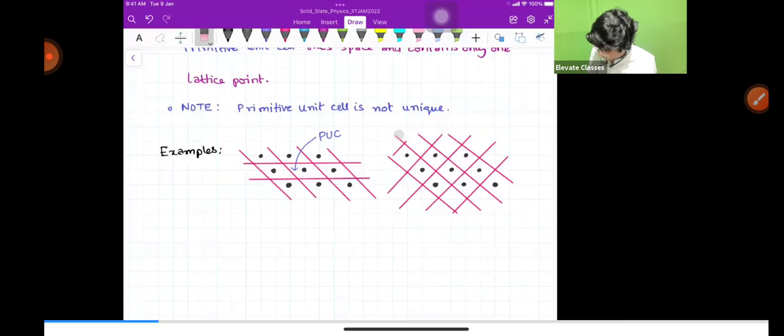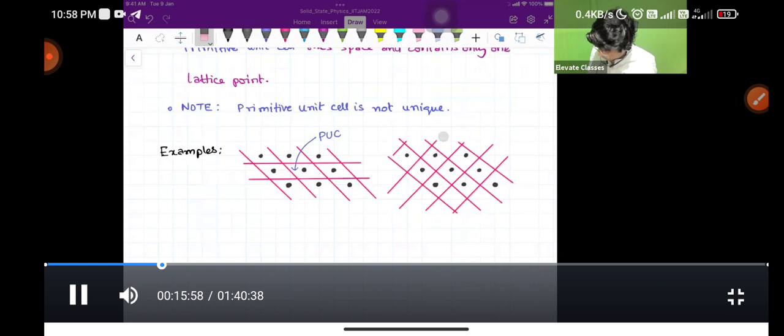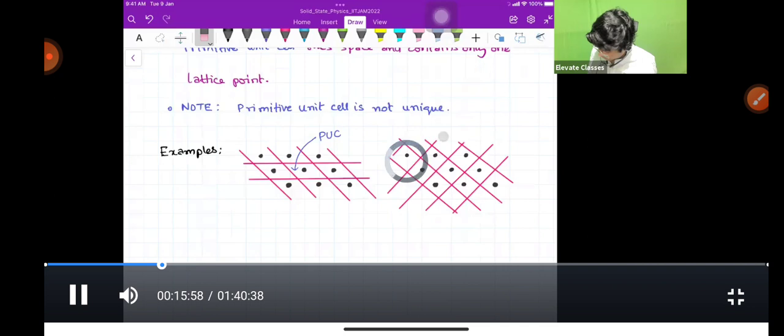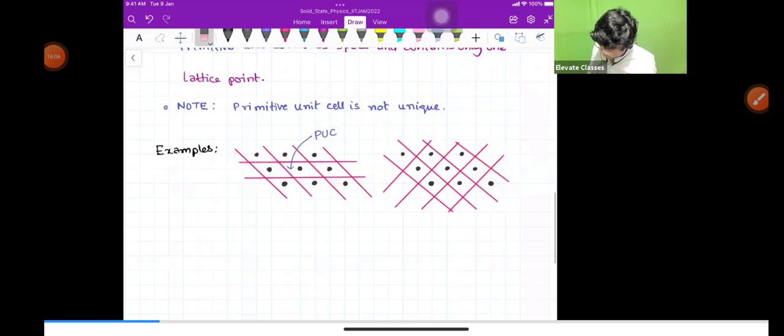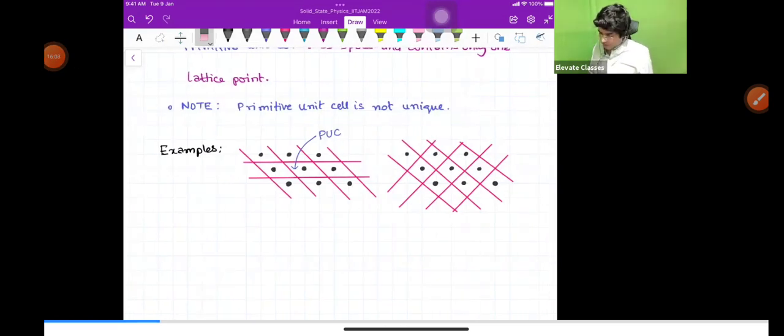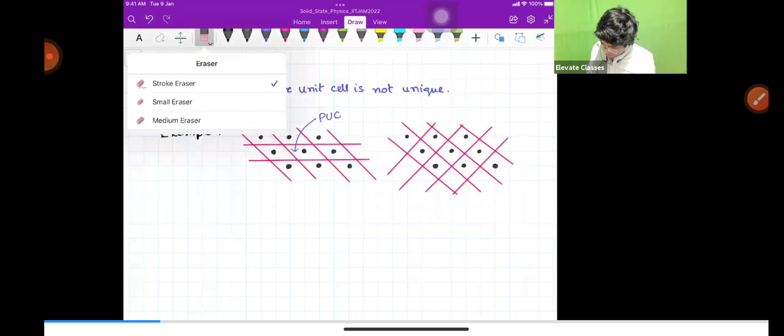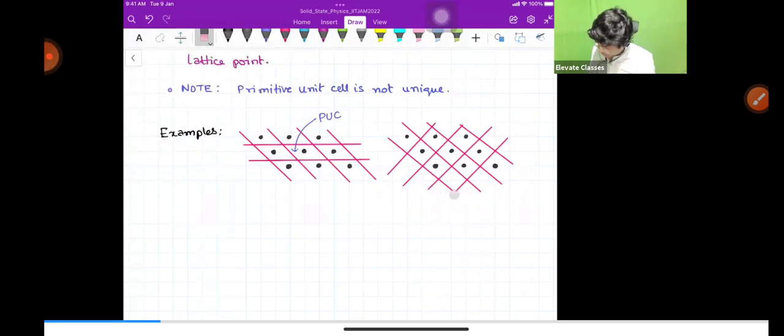Now the main object is a single lattice point in the structure, and that will be called a PUC, all right? So this is also a PUC.